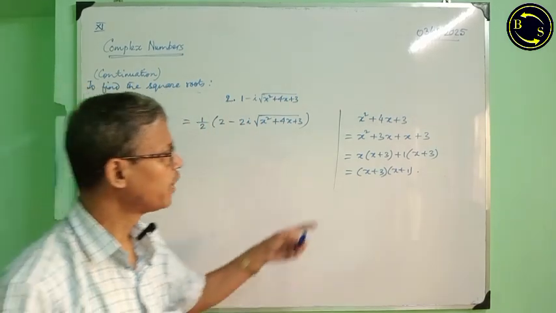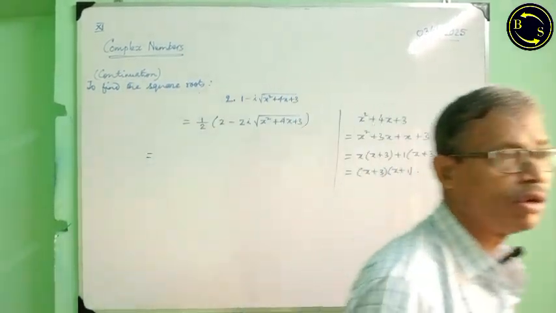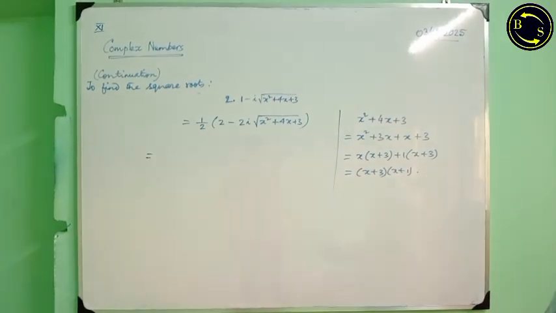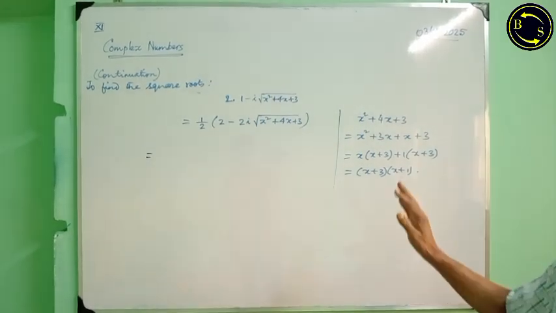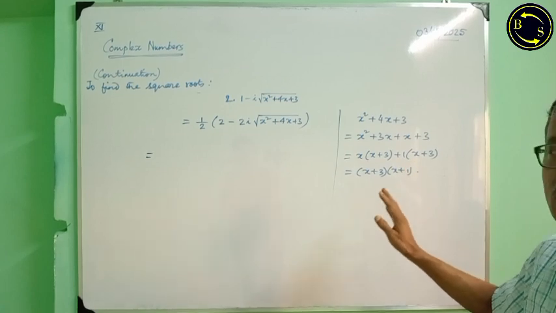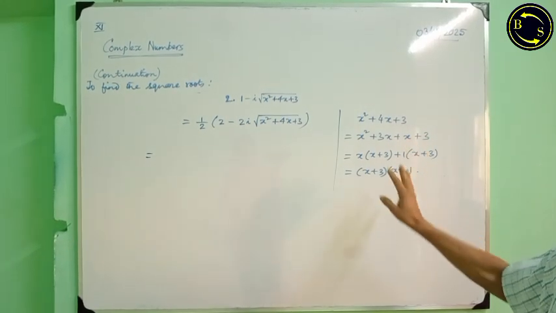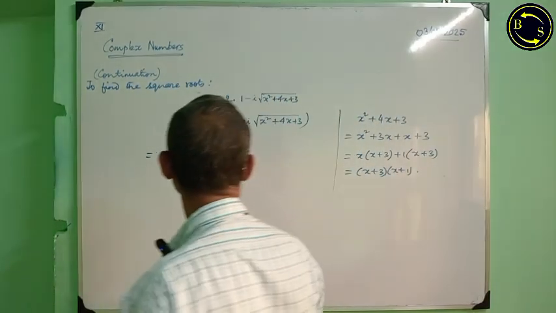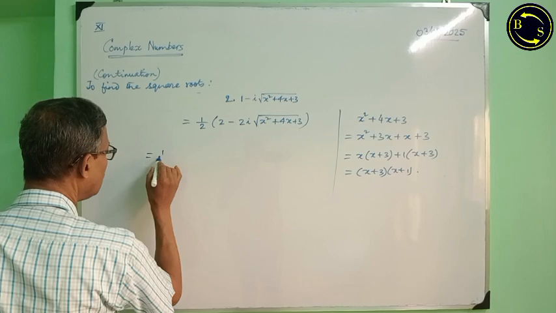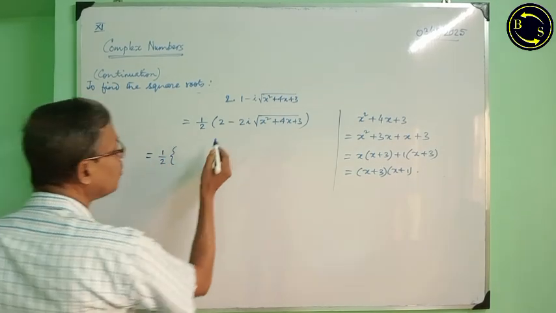I have resolved into factors this expression. If you can resolve mentally, you can do that. Otherwise, my suggestion will be you do that factorization on the right space. Following I have done. Therefore, this will be half. Now 2.